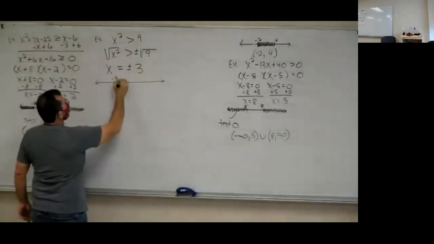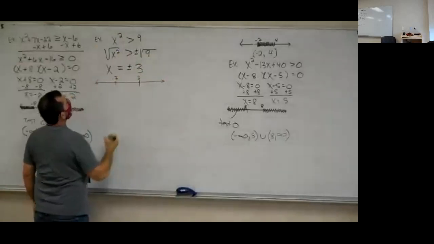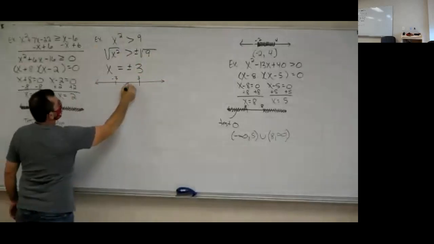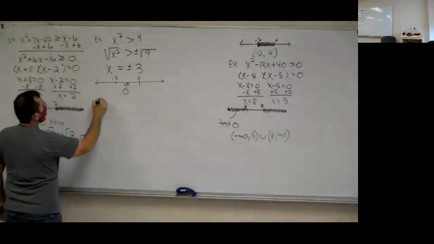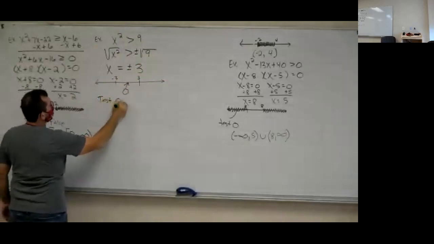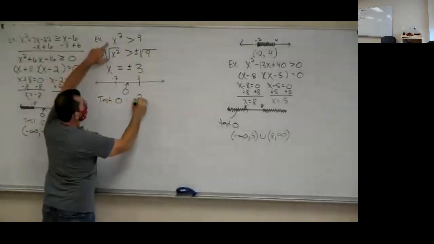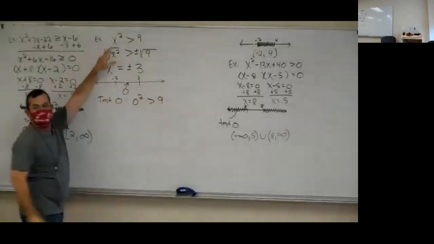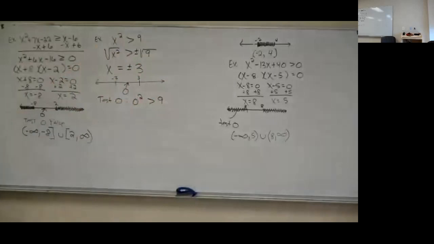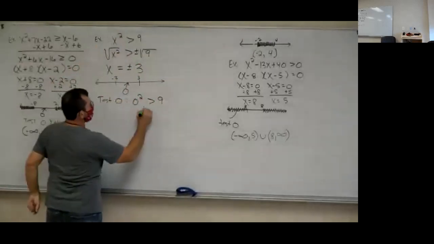So we got -3 here, positive 3 here. I know 0 is right in the middle. So when I test my 0, I'm basically going to have 0 squared greater than 9. True or false? False, right? Because 0 is definitely smaller than 9, so that was false.